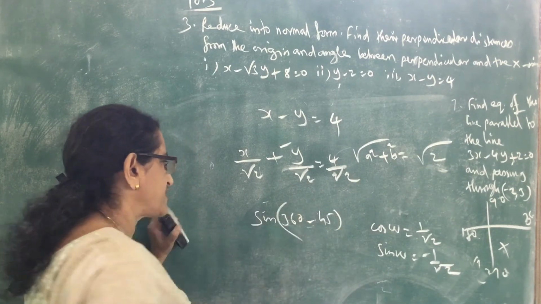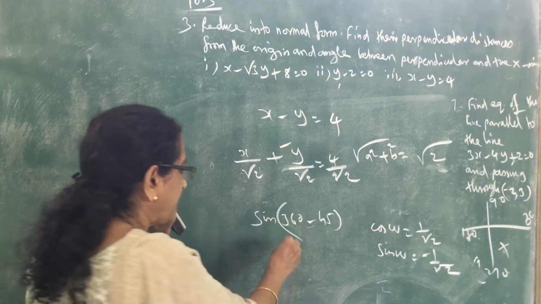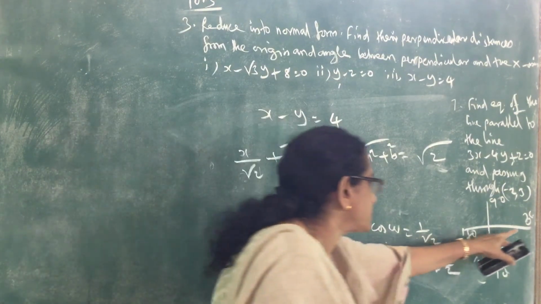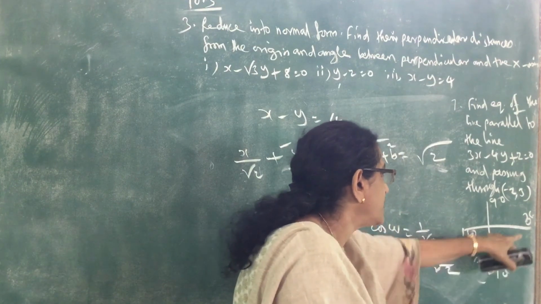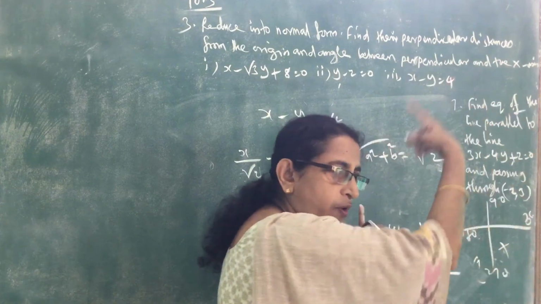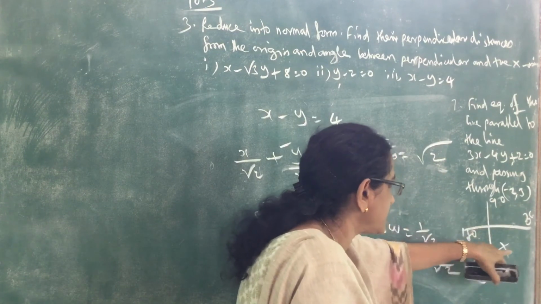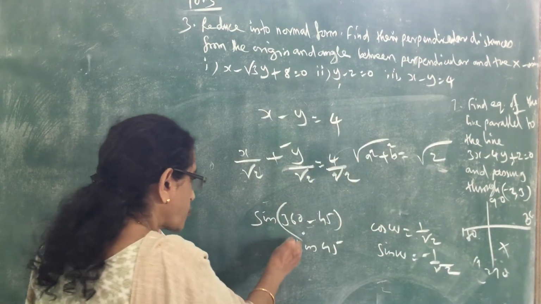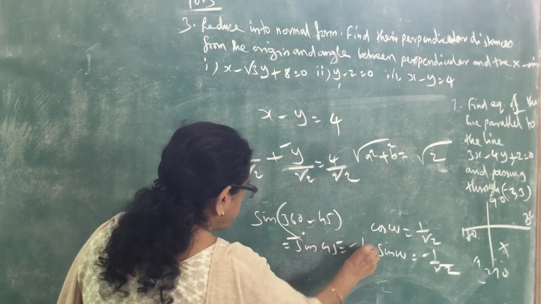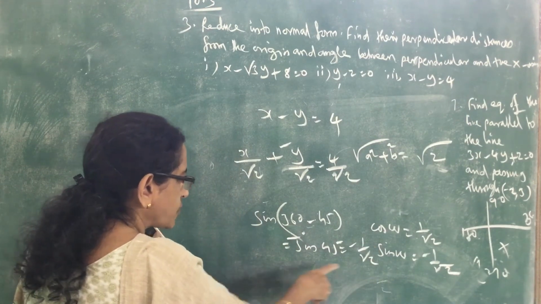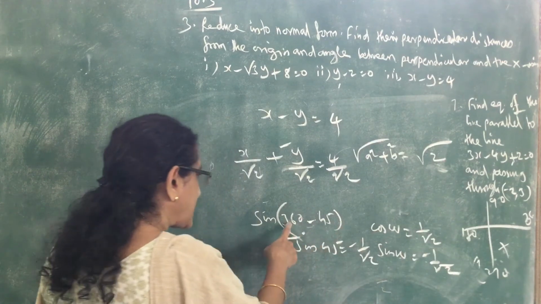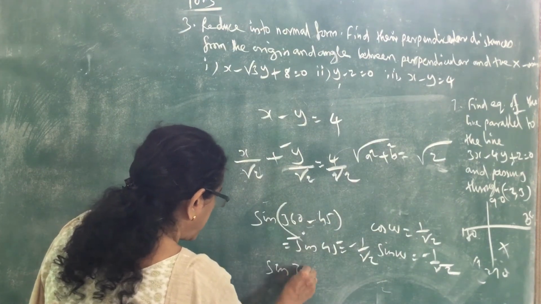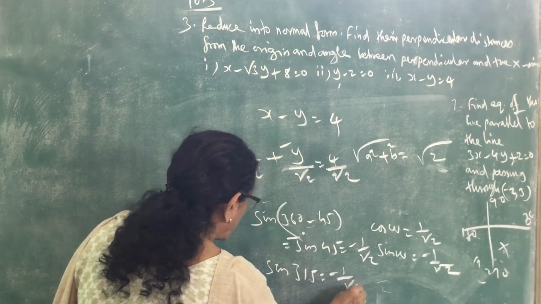When it is 360 minus, we get sin itself. 360 plus is the anti-clockwise direction, and 360 minus is the fourth quadrant. Here cos is positive, sin is negative. So minus sin 45, that is minus 1 by root 2. So sin omega is negative 1 by root 2 for 360 minus 45, that is 315. So sin 315 equal to negative 1 by root 2.